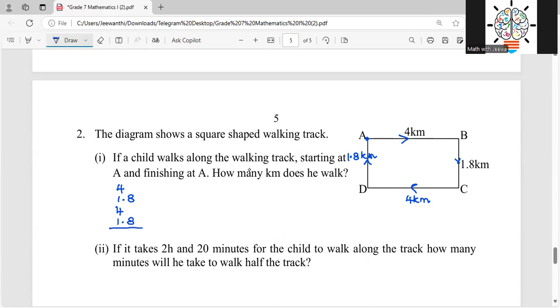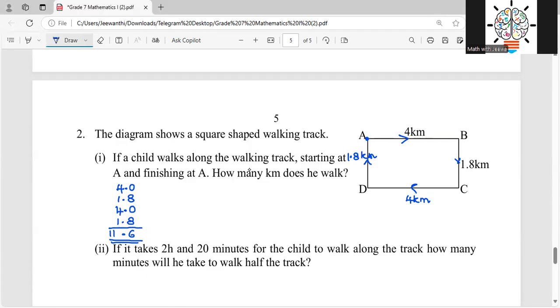You add everything together, okay? And if needed, you put the decimal point and 0 here. So here it is 16, 1 remainder, 4 plus 4 is 8, 8 plus 1 is 9, 9 plus 1 is 10, 10 plus the remainder, that is 11.6.